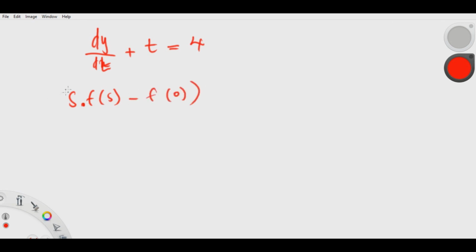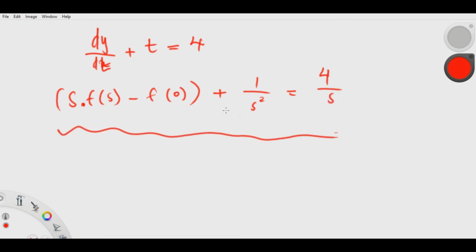I'm just going to put in the brackets so we can see what we're doing. Plus 1 over s squared equals 4 over s. You have successfully Laplaced this equation.